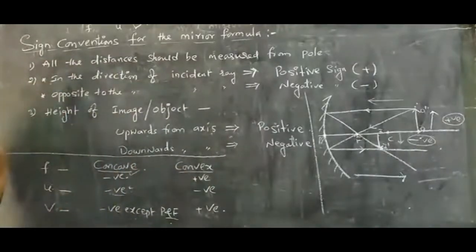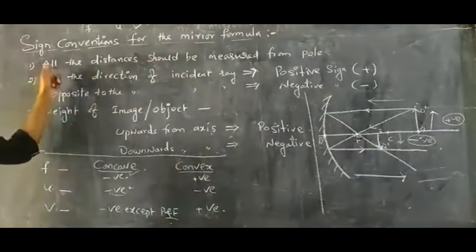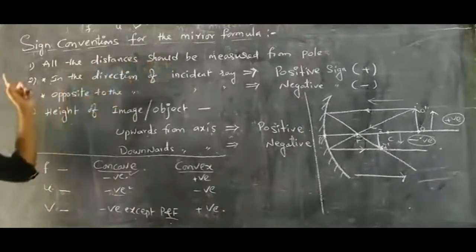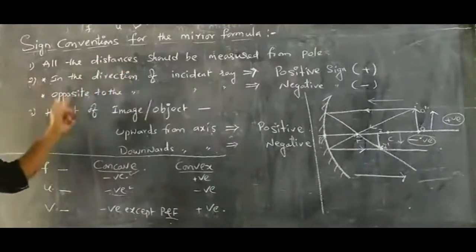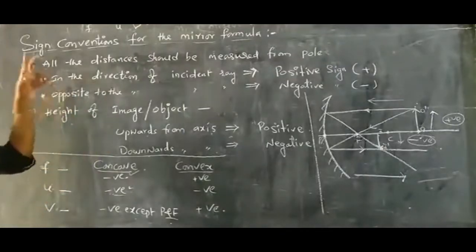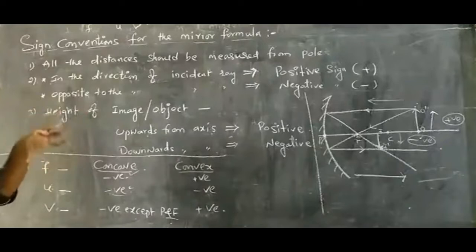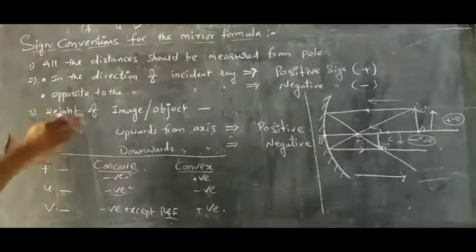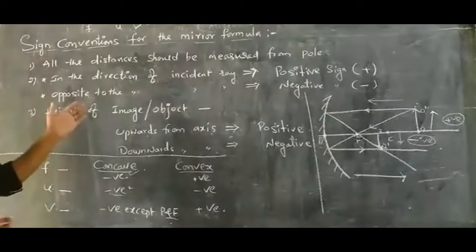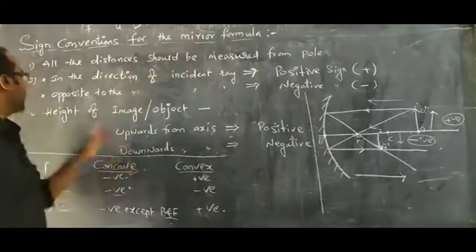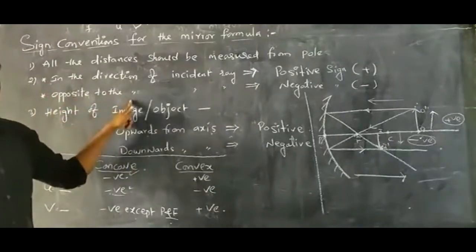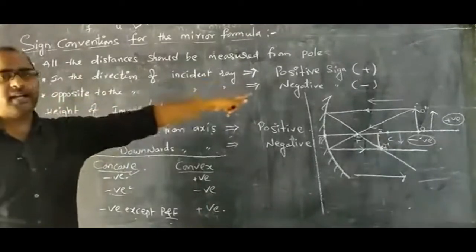So what are the sign conventions now? There are three. First, all the distances must be measured from the pole. Second, about object distance and image distance: a distance measured along the direction of incident ray should be taken positive, and a distance measured opposite to the direction of incident ray should be taken negative.